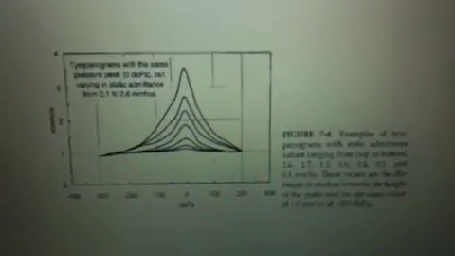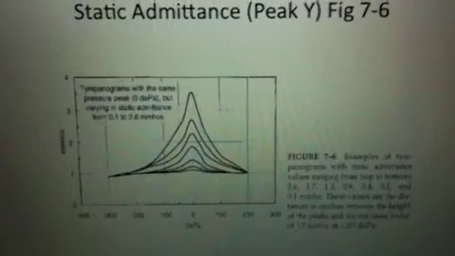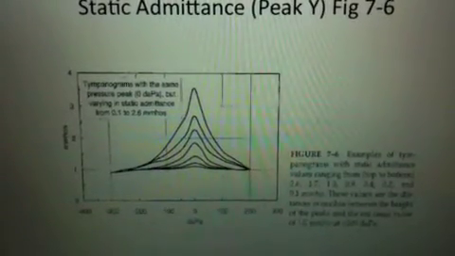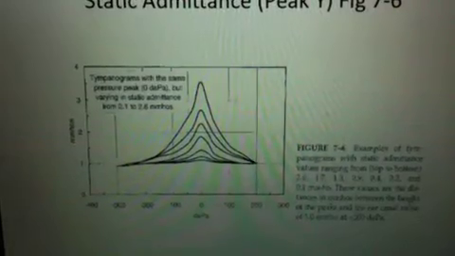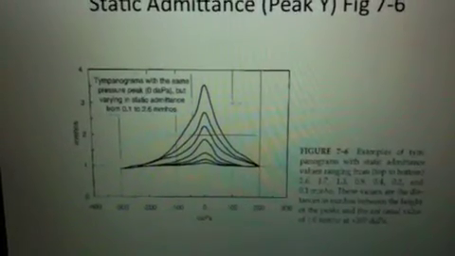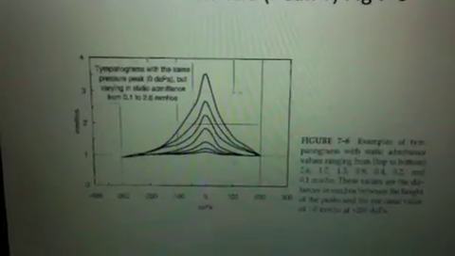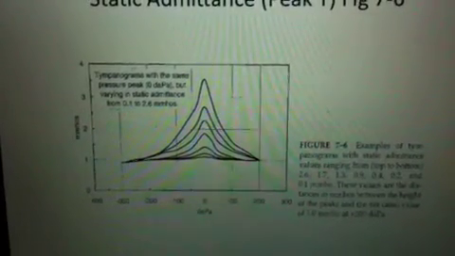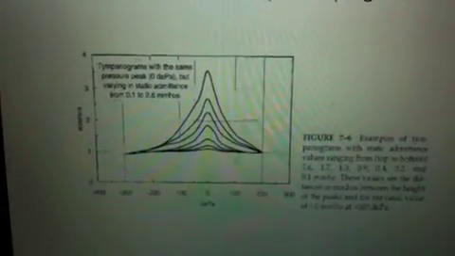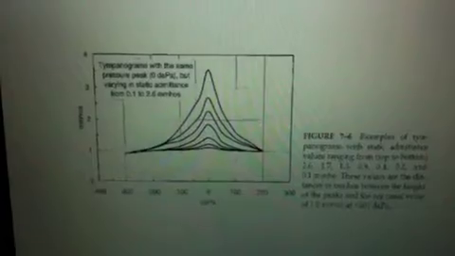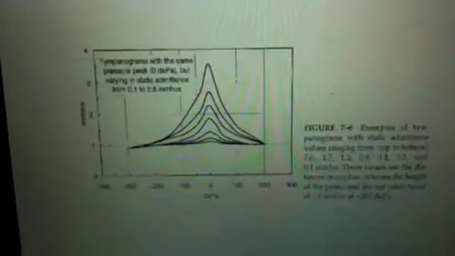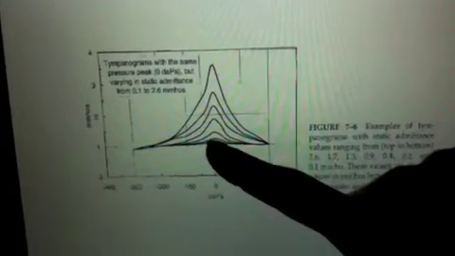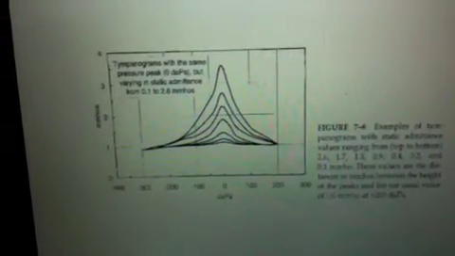You have this in your notes, tympanograms that have differing amounts of static immittance. You should see that as we move from the top tympanogram down to the bottom tympanogram, static immittance decreases. The top tympanogram shows the largest amount of static immittance, greatest peak height, to a negligible peak when we get down to the bottom panel.